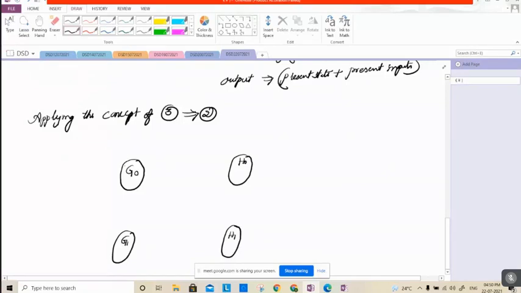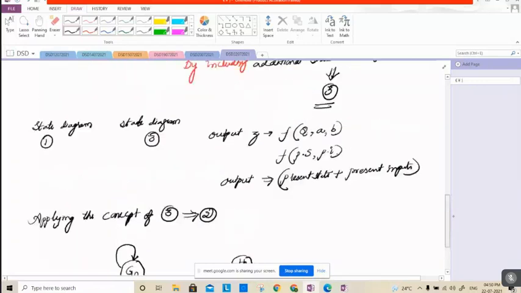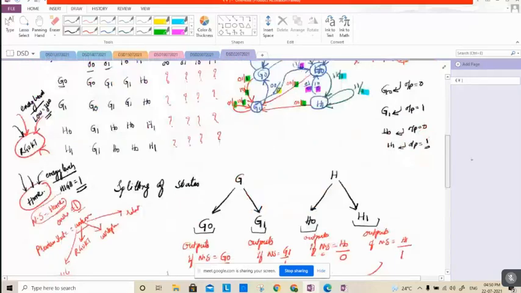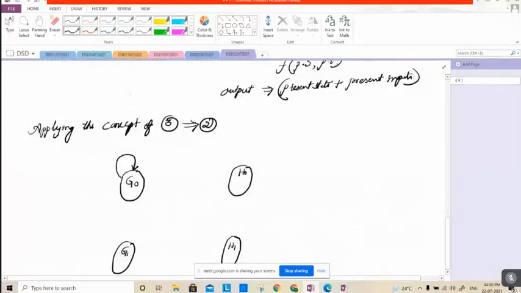Now please tell me the values here. What are the values for G0? State diagram 2. 0, 0. Here we have 0, 0. What about this? 0, 1, 1, 0. Right, this is 0, 1, comma 1, 0.